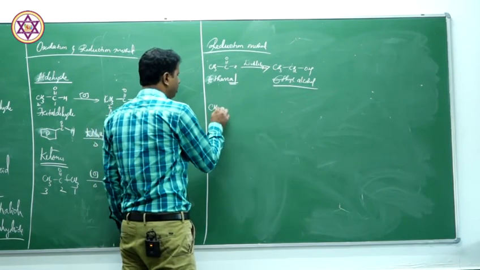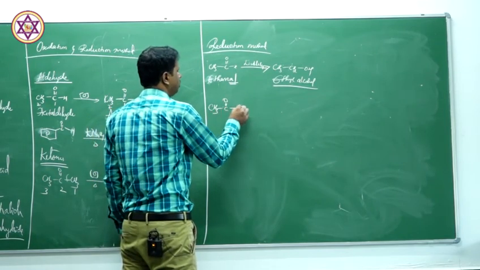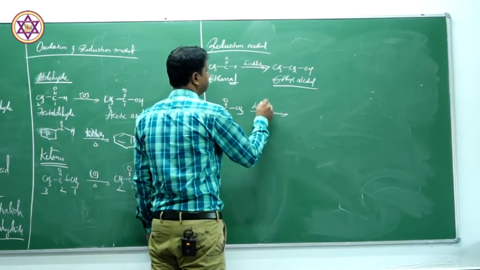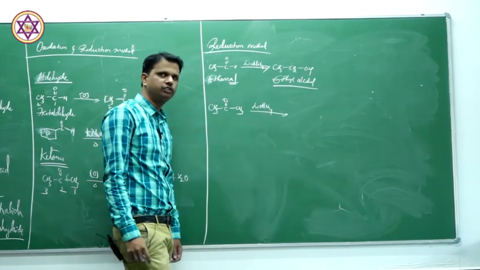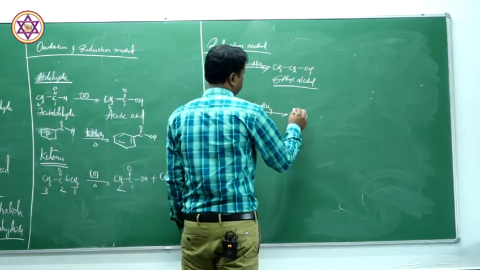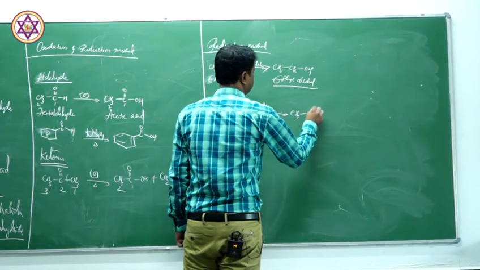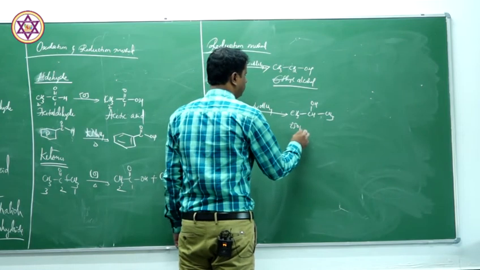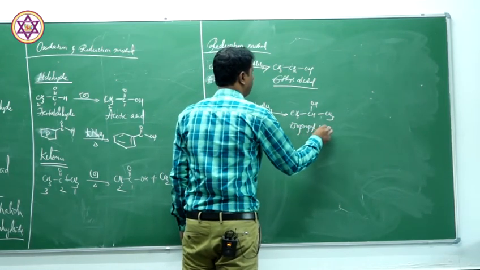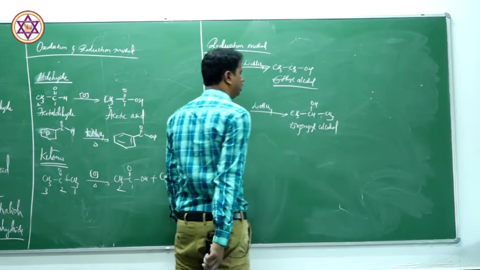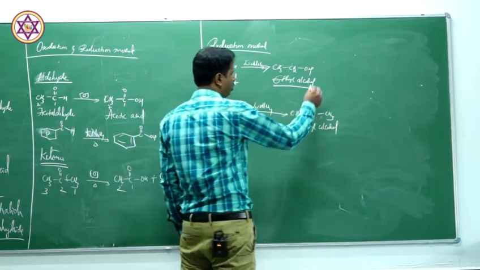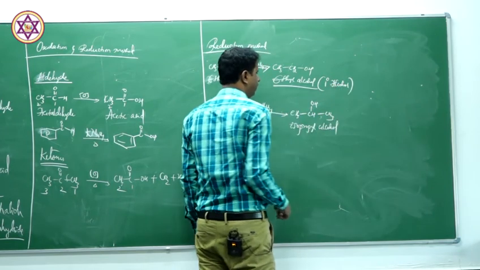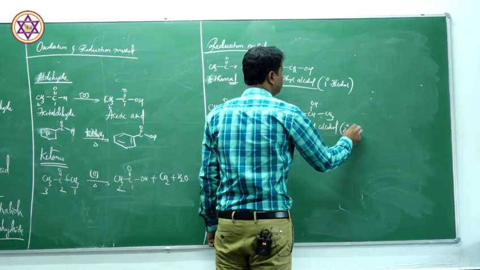If we take a ketone here, CH3COCH3, and if you reduce this molecule, then you are going to get isopropyl alcohol, which is a secondary alcohol. Here, ethyl alcohol is a primary alcohol, and here we got isopropyl alcohol, which is a secondary alcohol.